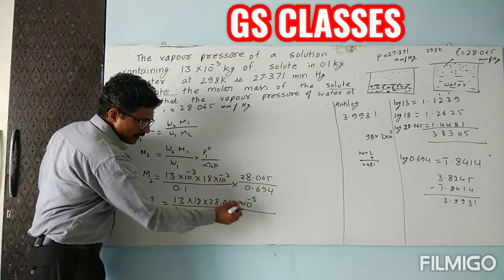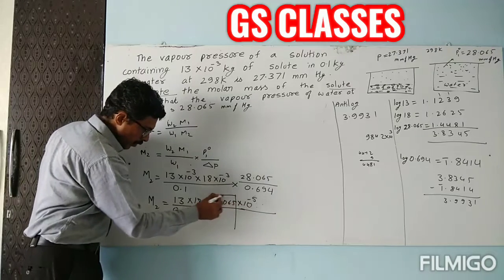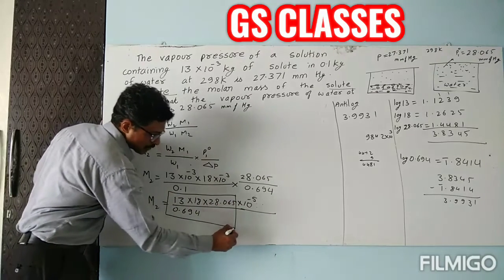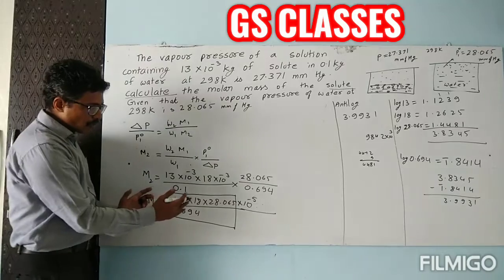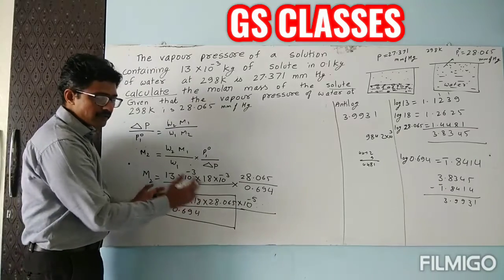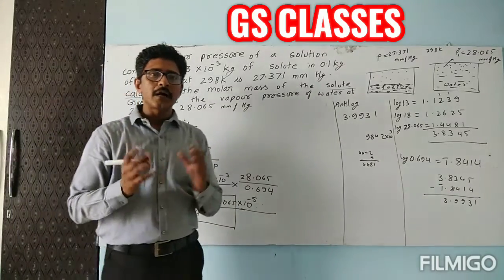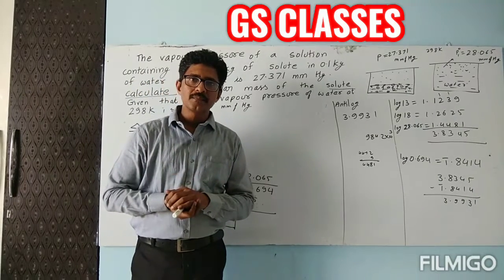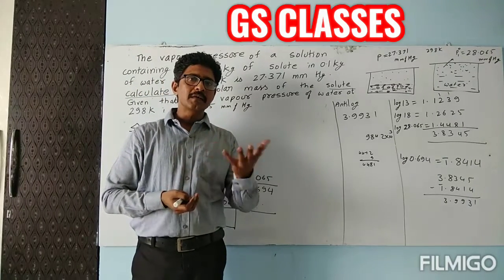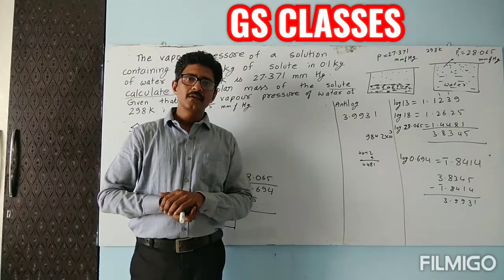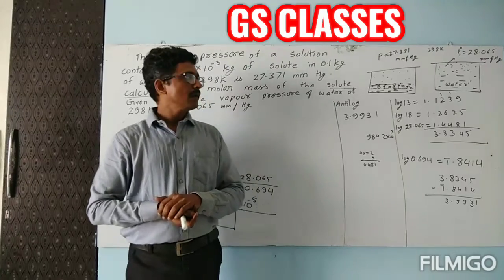Only for this much we need to go through the log table, because children, in the board exams you are not allowed to use the calculator. You will be given a log table which you have to use.